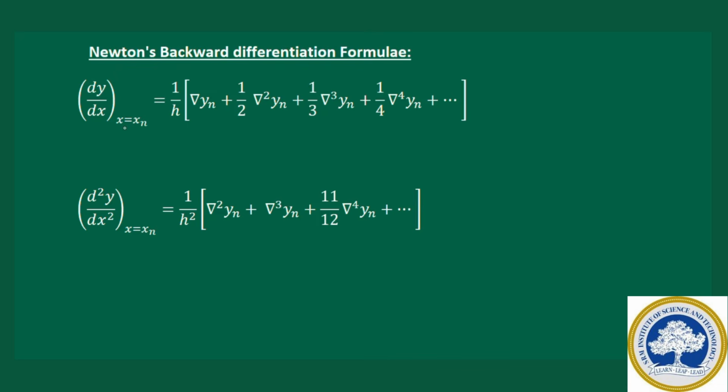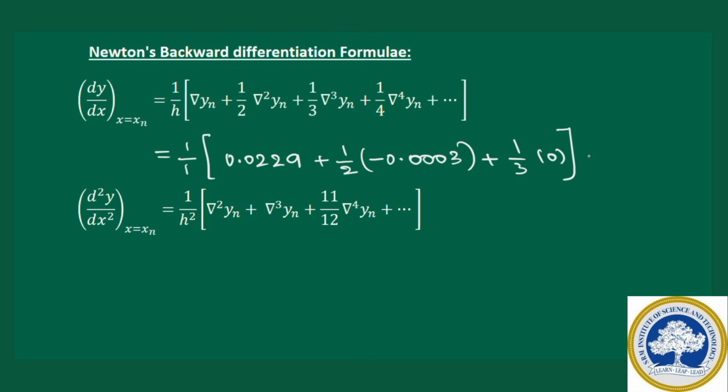Now coming to backward differentiation, we want dy by dx at x equal to xn. Here also h takes the value 1. Del yn and del square yn are the last values taken from the difference table. Del yn is 0.0229, plus 1 by 2 into del square yn, which is minus 0.0003, and del cube yn is 0, and the higher powers are also 0.